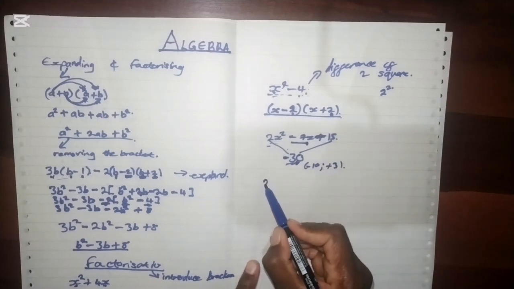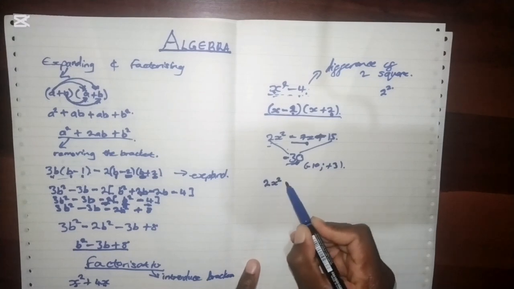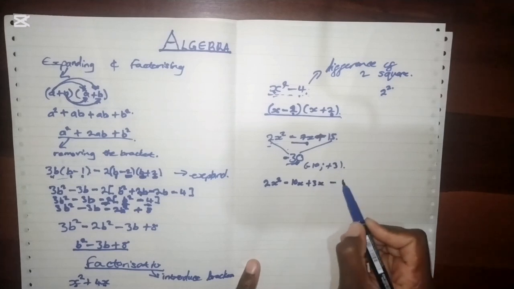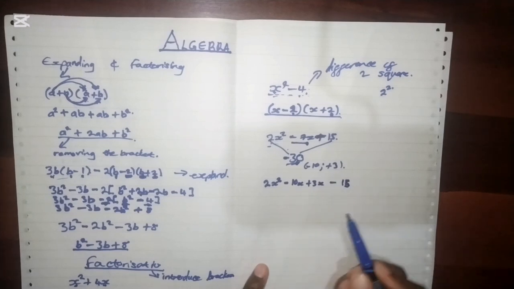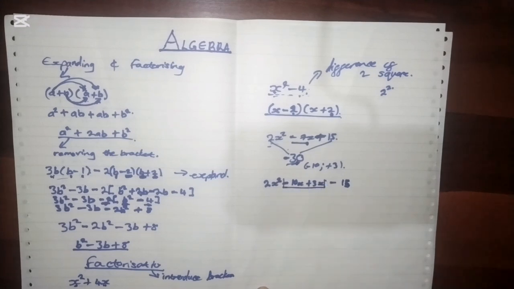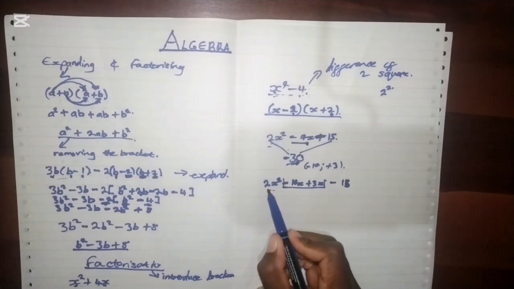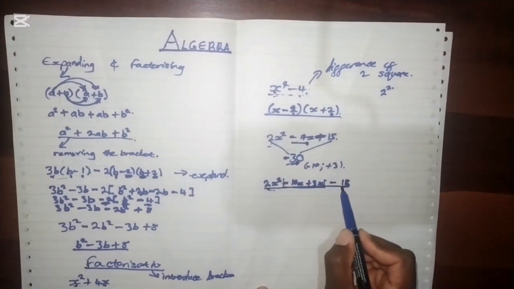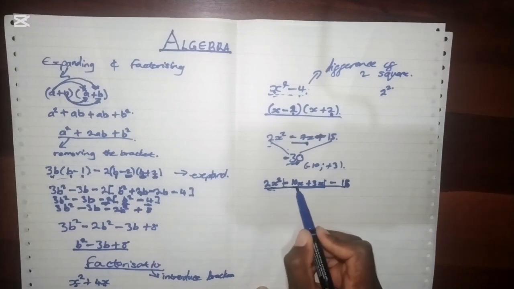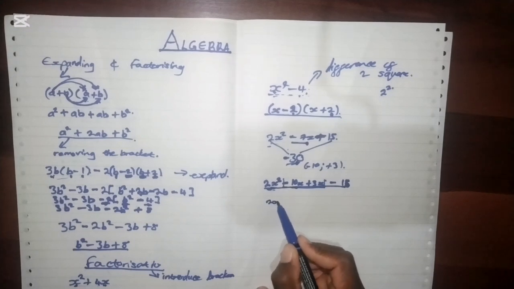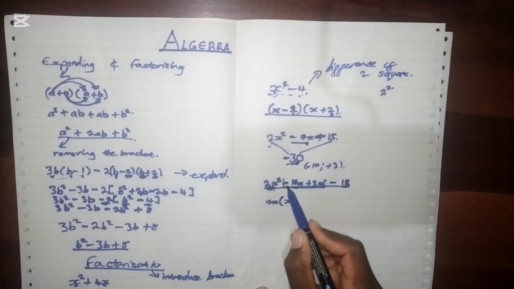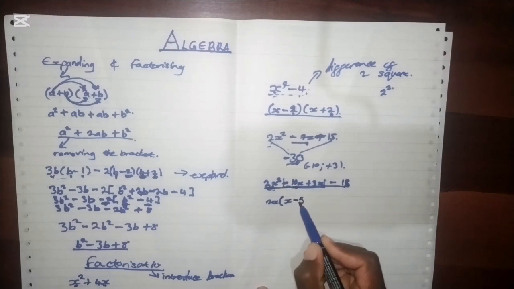Now we write our expression as 2x squared minus 10x plus 3x minus 15. Look at this. This is the same as negative 7x. Now that we've expressed it in this way, we can factorize it. What is common between 2x squared and negative 10x is 2x. If we factor out 2x here, we're left with x, and if we factor out 2x here, we're left with negative 5.